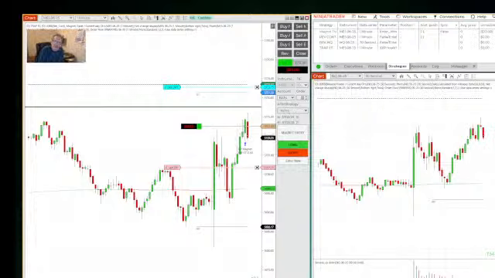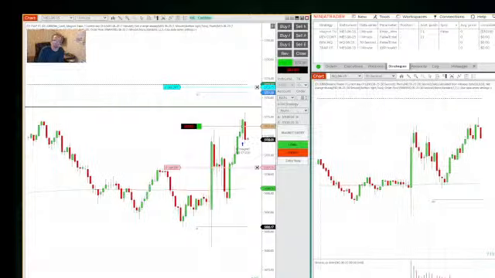Oh, so yeah, TJ. So what is a prop account? The whole concept is pretty simple. The concept is why risk your own money when you can trade other people's money?